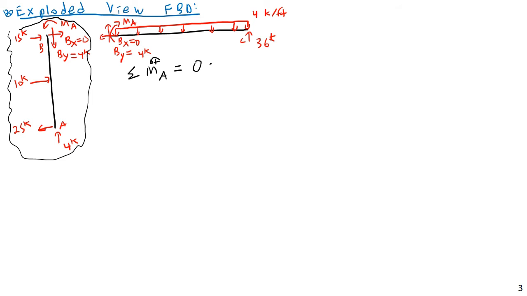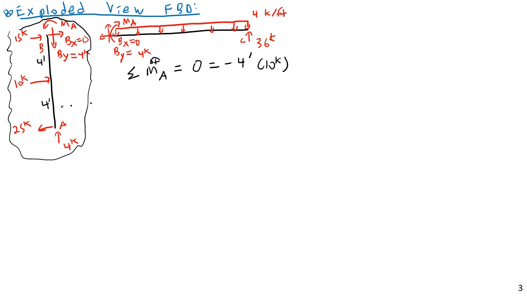That's going to lead to the following. I'm going to have negative 4 kips, wow, that's a really bad equal sign. That's going to equal negative 4 kips, negative 4 feet, sorry, times 10 kips. And this is 4 feet, and this is 4 feet, so we can remember that as a reminder. Negative 4 feet times 10 kips.